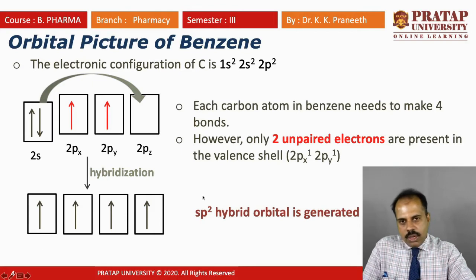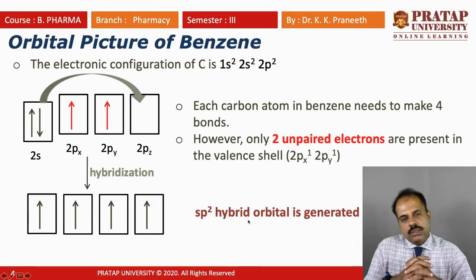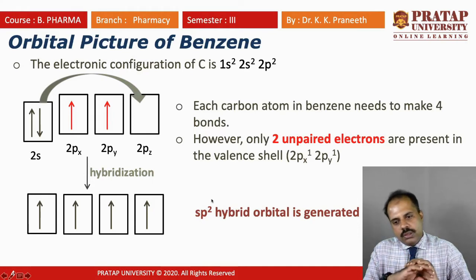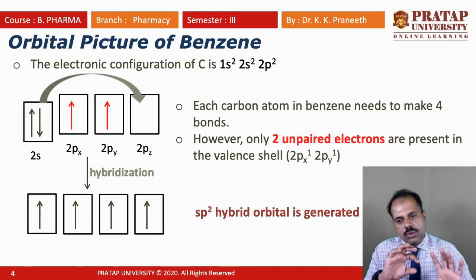From these hybrid orbitals, the sp2 hybridized orbital is used to form the sigma bond. We will see how the sp2 hybridized orbitals form 3 sigma bonds, and the 1 electron in the 2pz orbital is used to form the pi bond.